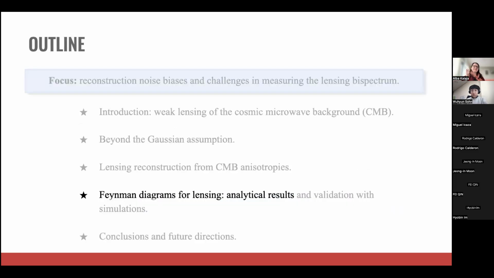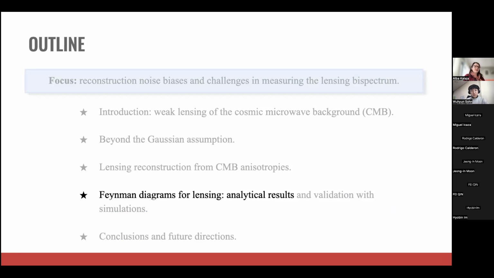So as I mentioned earlier, what we need to do is to compute a 6-point correlation function. Obviously a way to do this is to use the Wick theorem: do this with the standard Wick expansion and have the relevant contractions between the fields that we have at play here.